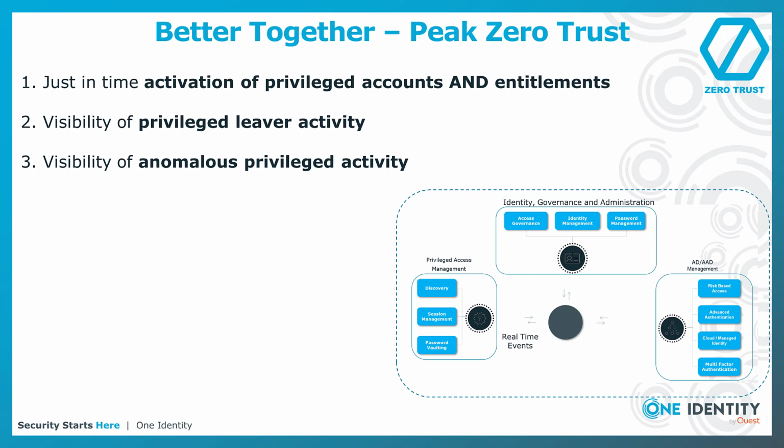Well, by sending information about anomalous activity from the PAM system into the IGA platform, we can inform all those collaborators that are using the IGA platform to make security and access decisions.